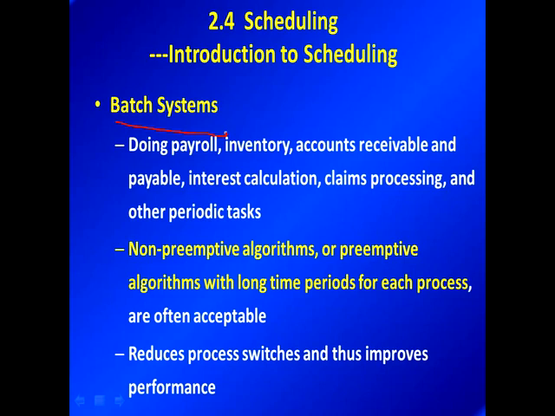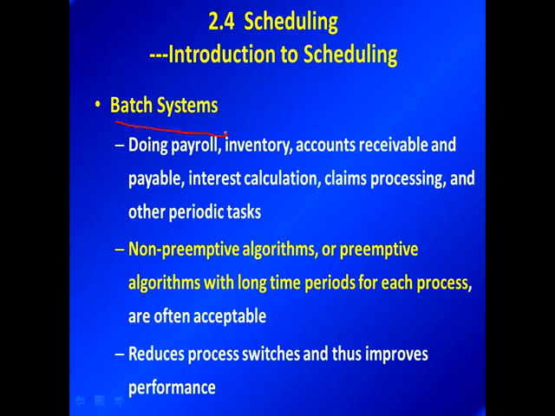For batch systems, what are the essential characteristics? If you recall the batch systems introduced in chapter 1, it just needs to do a lot of jobs with little interaction.